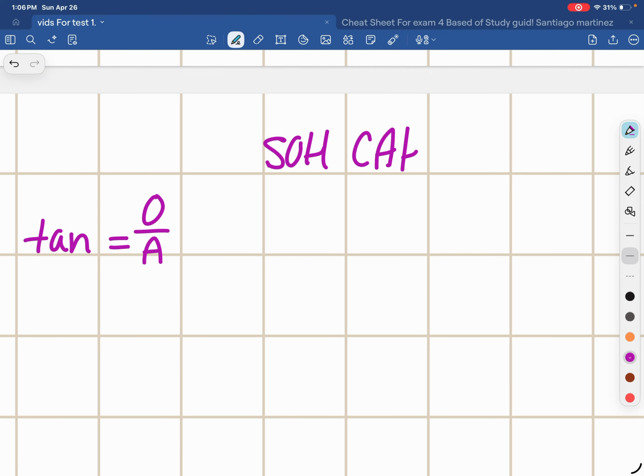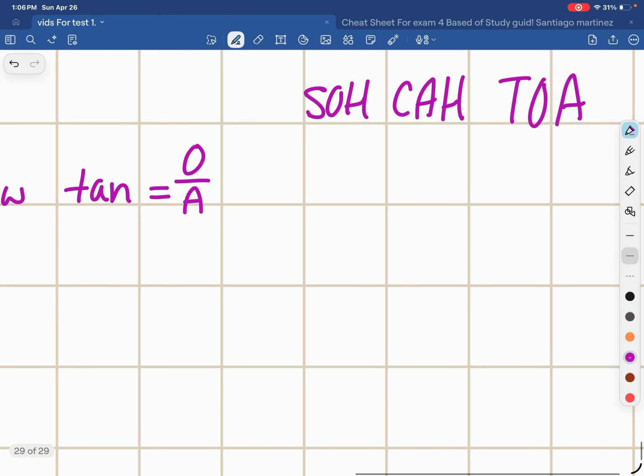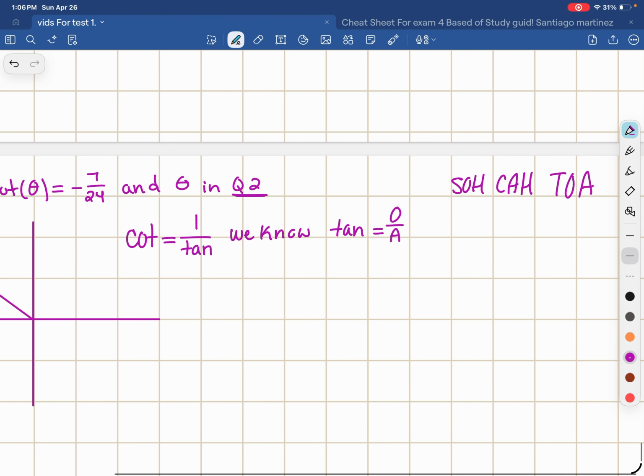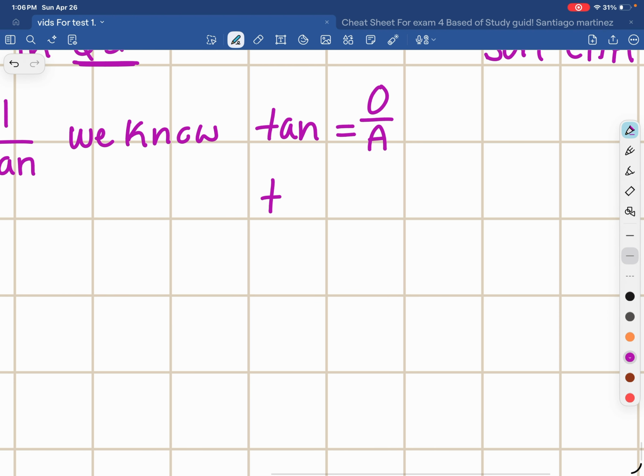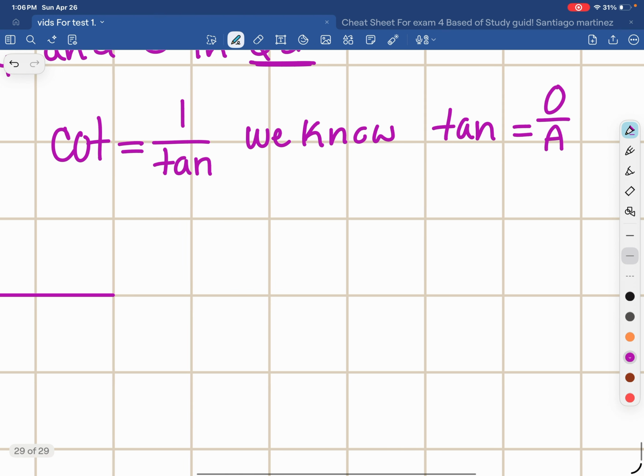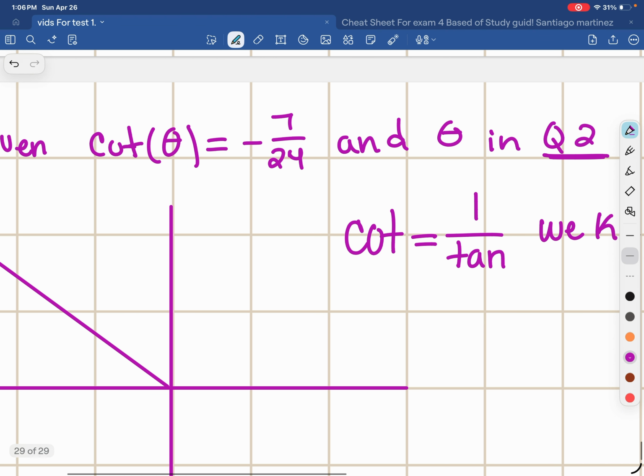So using that information, opposite over adjacent. Going off that information, we're going to have to kind of work backwards here, right? Because if this is our value of cotangent, we kind of have to alter it into a way that we know is going to work.